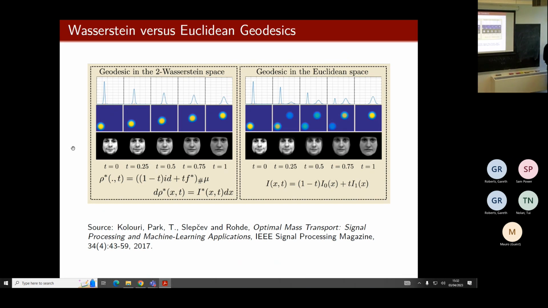Okay, so I have some pictures here of what interpolating with geodesics in the Wasserstein space looks like compared to Euclidean space. If I start at the top, in the Euclidean space, we have a tall, thin Gaussian and a short, fat Gaussian. When I do my interpolation, the tall, thin one becomes a bit shorter, and the short, fat one starts to grow.